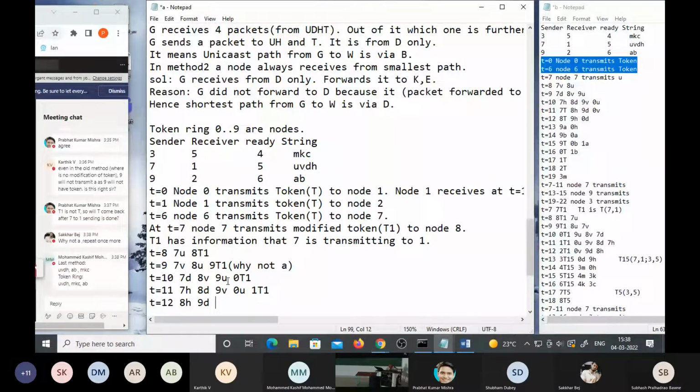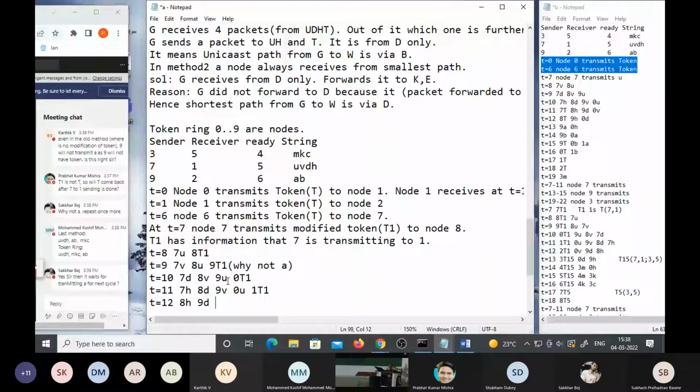Yes, correct. Kasif is correct. We shall see whether even in the next cycle it might not be successful. Is it correct? Yes. Is this correct?